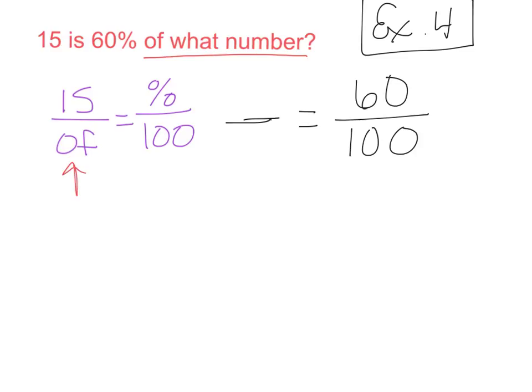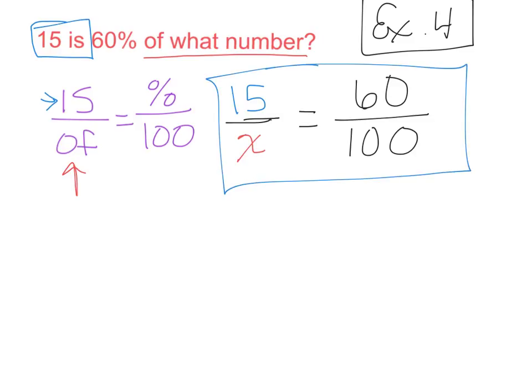I don't know my "of," so that's my x. And now it says 15 is. So my "is," which goes here, is my numerator. So basically, we know that 60% of something is going to be 15. We just don't know what that something is.